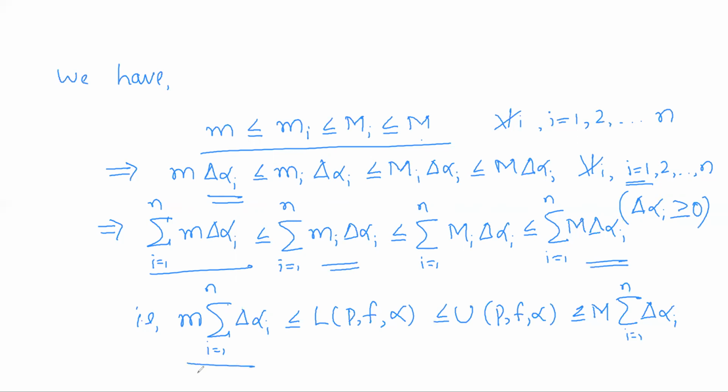The first term here, m is constant, a fixed value, so take it outside the summation. The second term is nothing but the lower Riemann-Stieltjes sum as we have defined, the third term is the upper Riemann-Stieltjes sum, and in the last term the capital M is constant, so take it outside. So we are left with m times summation delta alpha in the first term and capital M times summation delta alpha in the last term.